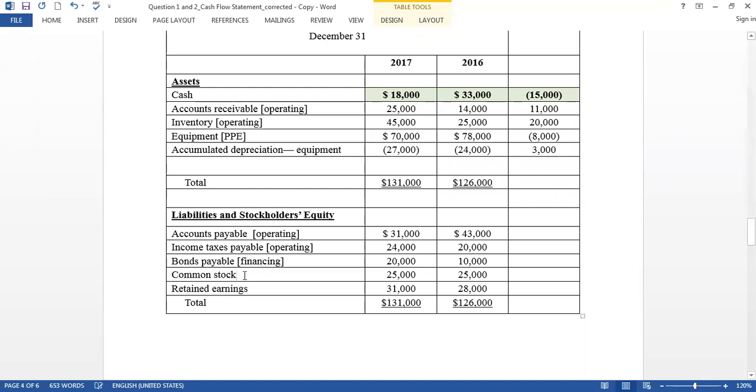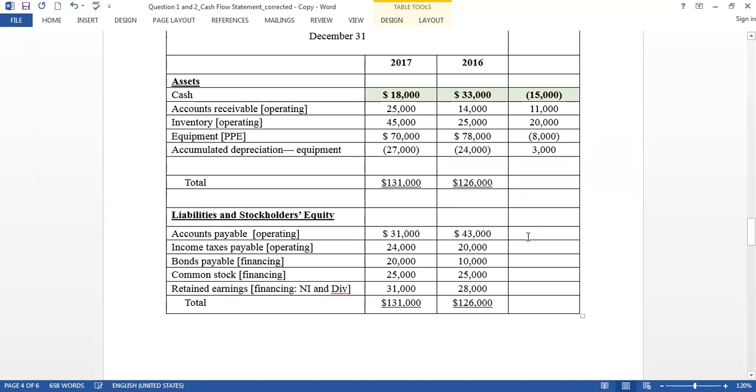Common stock, financing. Retained earnings, financing. And we have to find out net income and dividend, because retained earnings is related with net income and dividend.